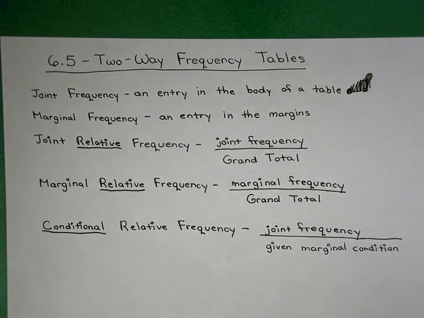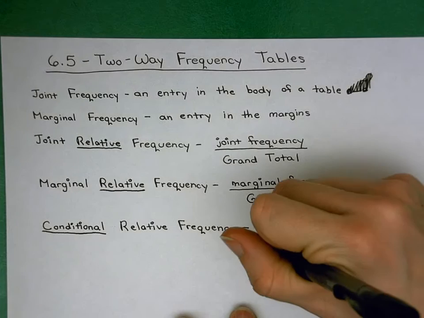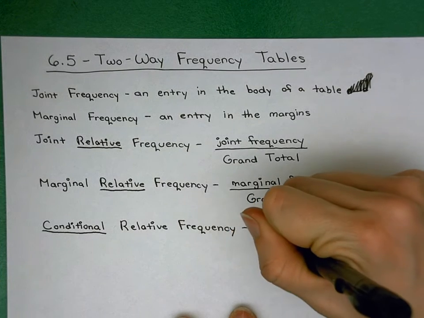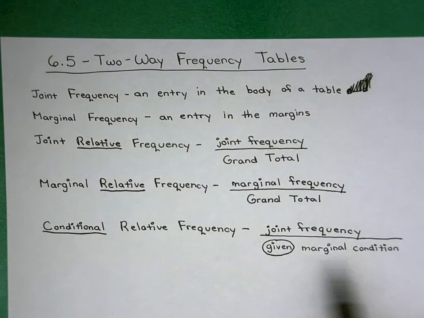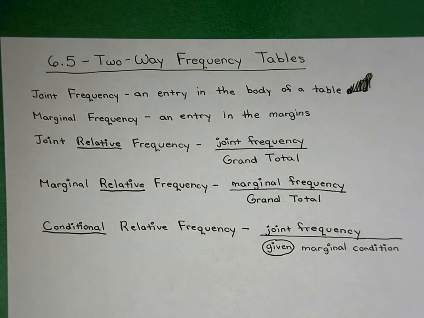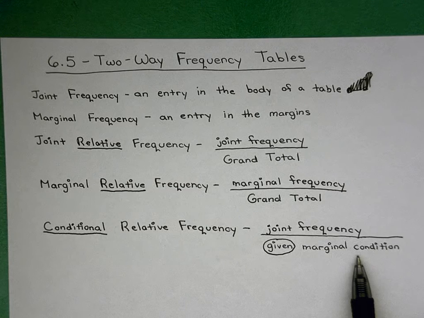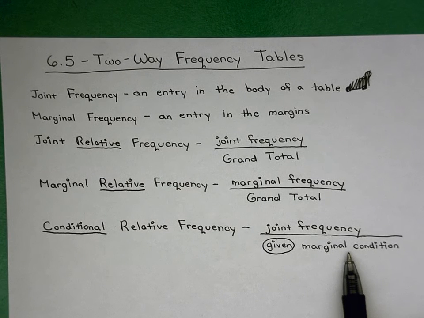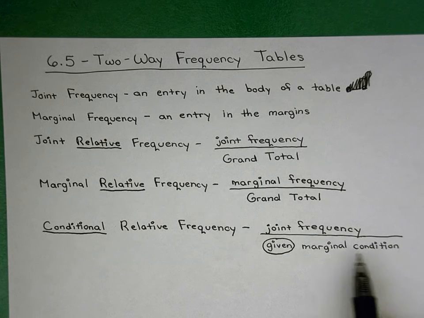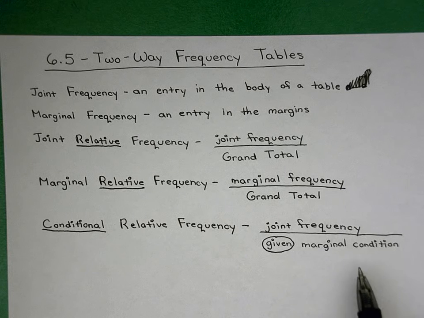We're going to be dividing by what comes after the word given. And that's why I write it like this, because in your sentence you're going to see that word, given. And whatever comes after it, you're going to put that margin number in the denominator, literally, in my sentence.